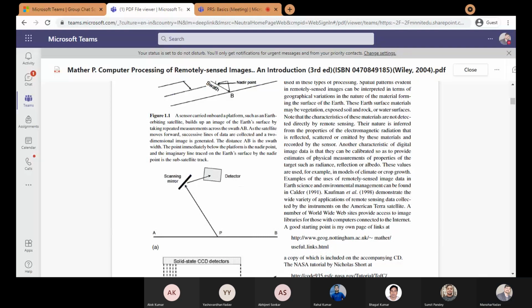And energy content at a larger wavelength is less compared to the shorter wavelength. It also depends on the reflecting capability of the feature around point P. That we'll see later.